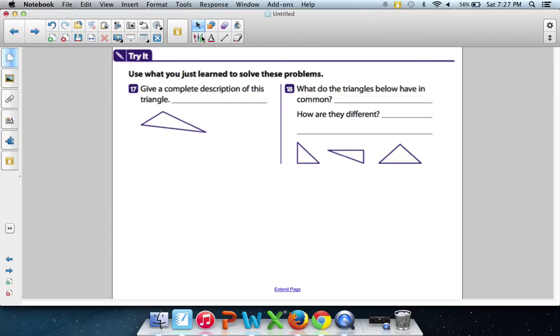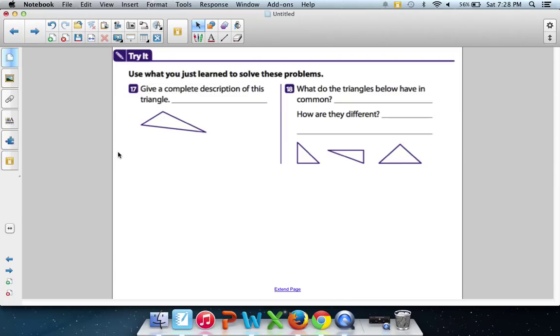17 and 18. Use what you just learned to solve these problems. Give a complete description of this triangle. Okay, no problem. A complete description. We're going to talk about the sides. We're going to talk about the angles. Excuse me, I burped. So, a complete description. Okay, so look at the sides. None of them are the same. It's just a wacky, crazy old triangle.